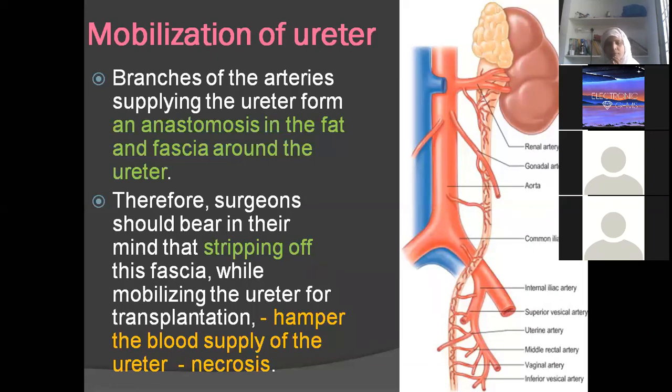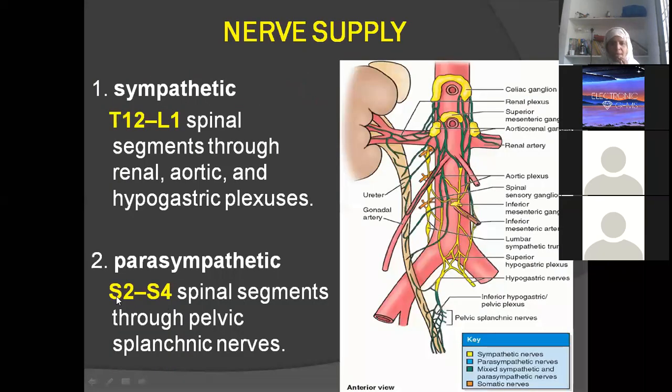But the ureter extends from the abdomen, so does the vagus supply the upper part of it, or is the entire nerve supply by sacral only? The entire nerve supply of ureter comes from here only. The parasympathetic signals are coming from S2 to S4. Pelvic splanchnic nerves only will supply.